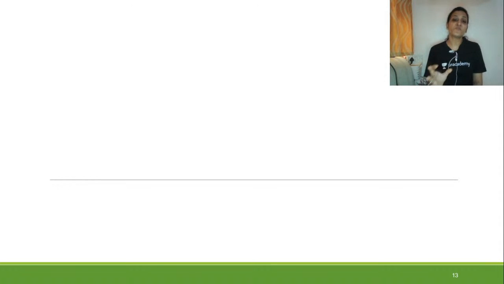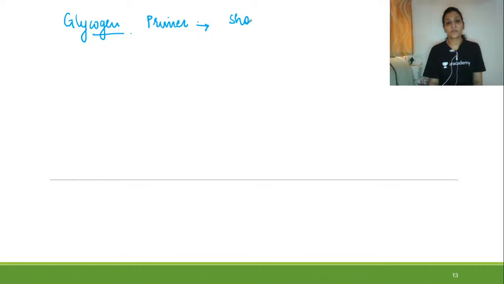Before actually moving towards the reaction, I need to tell you that for synthesis of glycogen, a primer is needed. What is this glycogen primer actually? It's a short molecule of glycogen. How is this short molecule of glycogen formed?